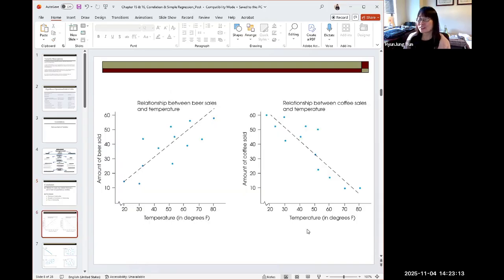Okay, moving along. So let's use examples of a correlation test. Sometimes you can already predict a causal relationship. But sometimes you don't really want to have any assumptions about what causes what, right?